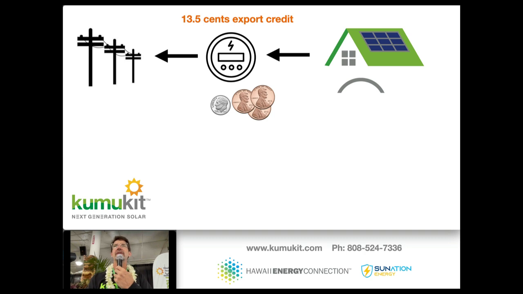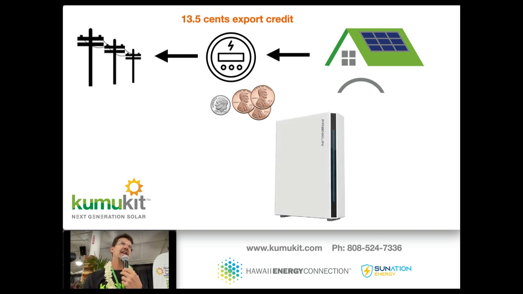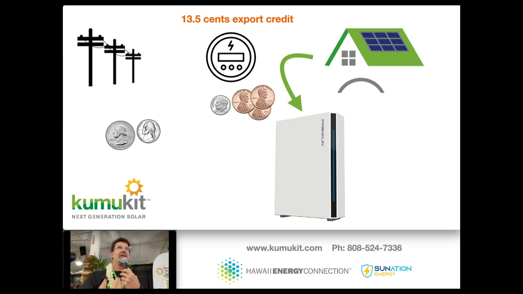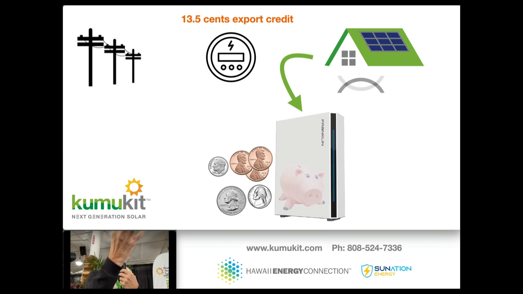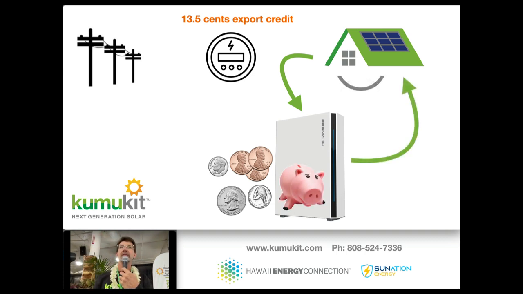Let's install a battery. Instead of exporting that power back out to the grid, why don't we take that and put it into the battery? Once it's in the battery, we're storing all of that power. Now we're taking that solar power, storing it in the battery, and then putting it back in the home at night.